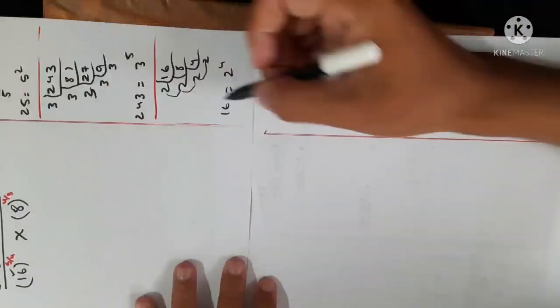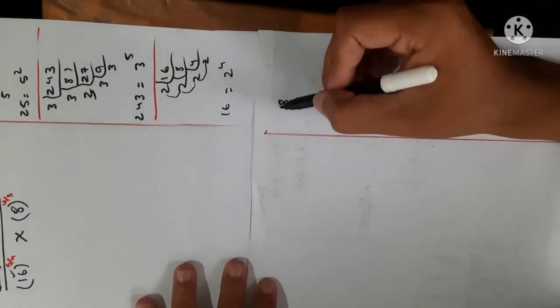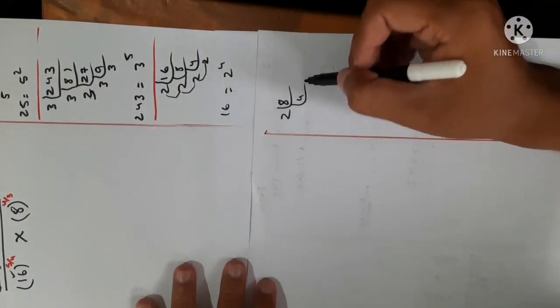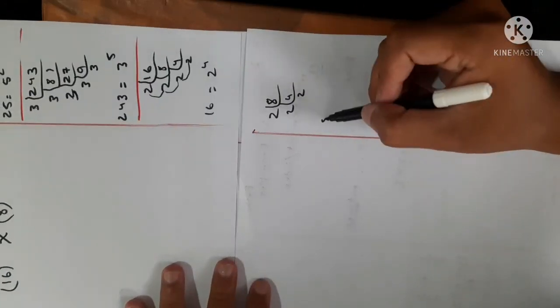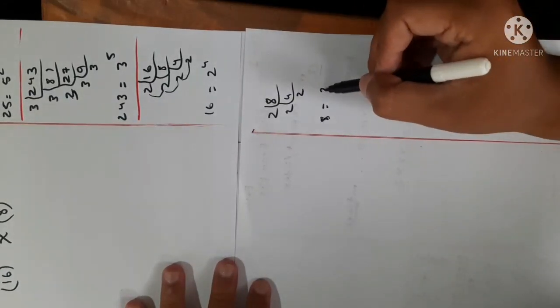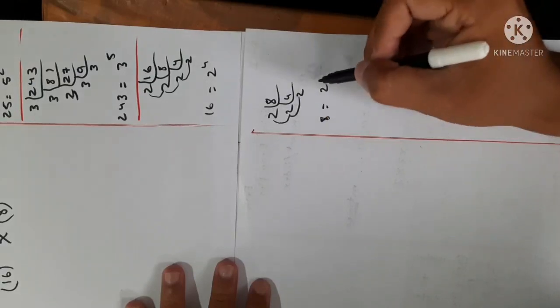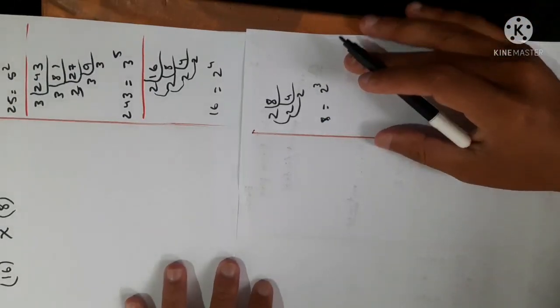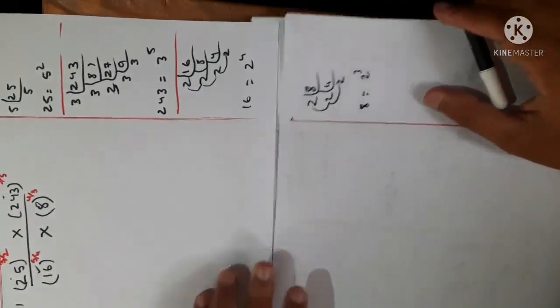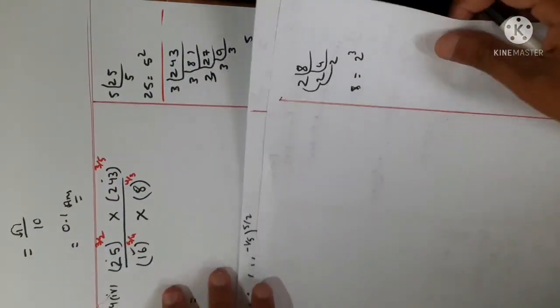Next is 8. Again by 2, 2 4s are 8, 2 2s are 4. So 8 will be equal to 2 to the power 3, 2 cube. So now we write all these values there.